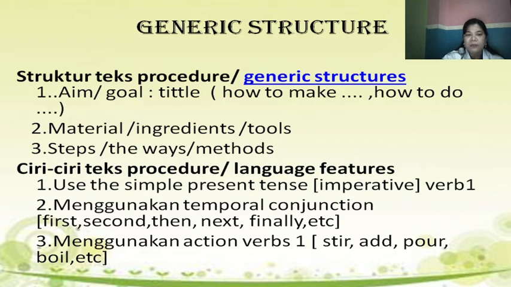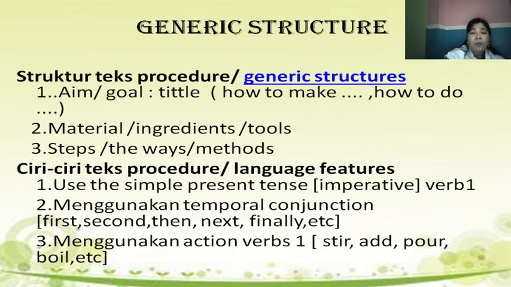It means that for the aim, goal, title, the text uses how to make something, how to do something. Example, how to make rice, how to make noodles, how to make a cake, how to make fried chicken. Those examples are the title.